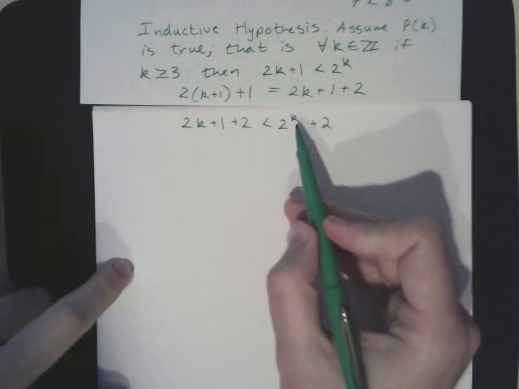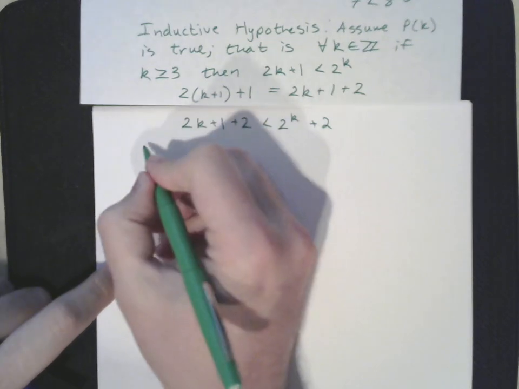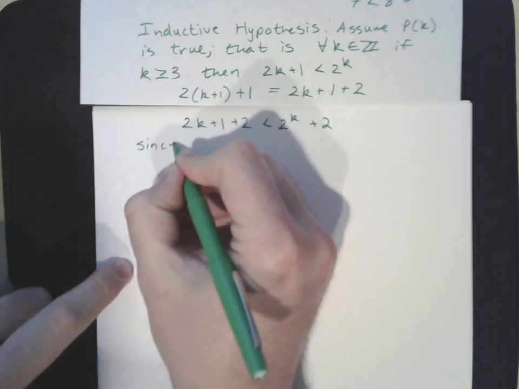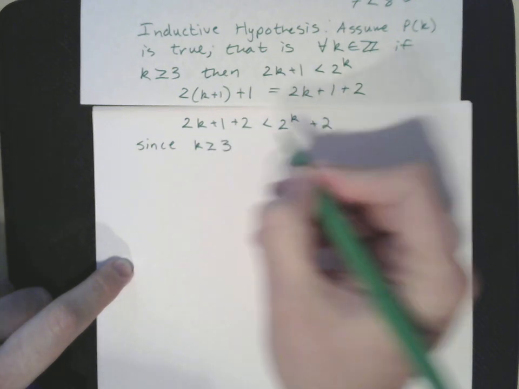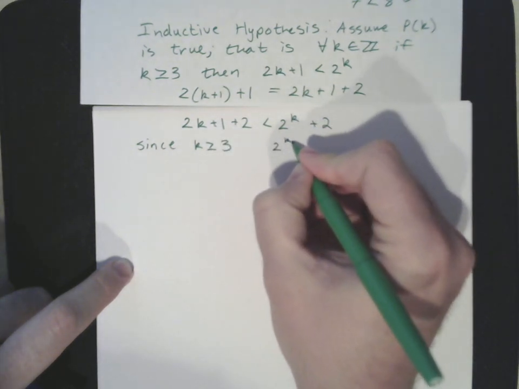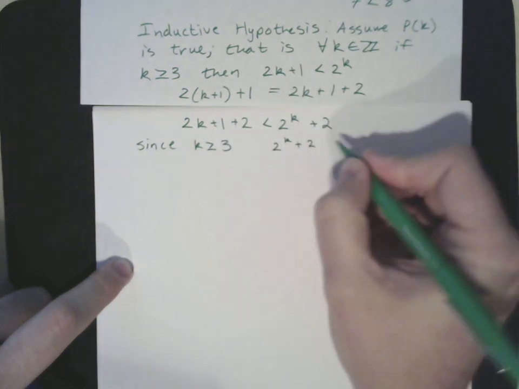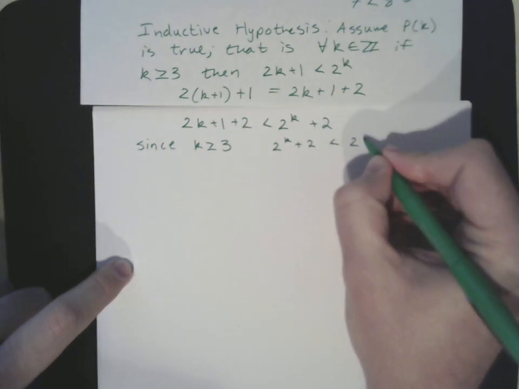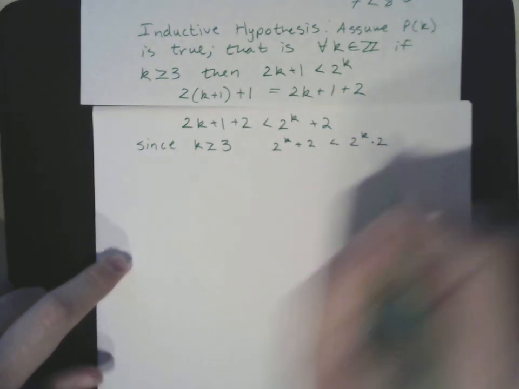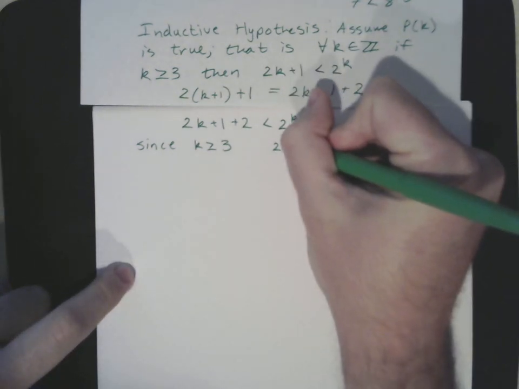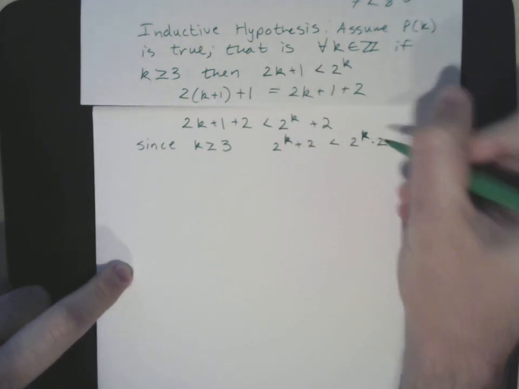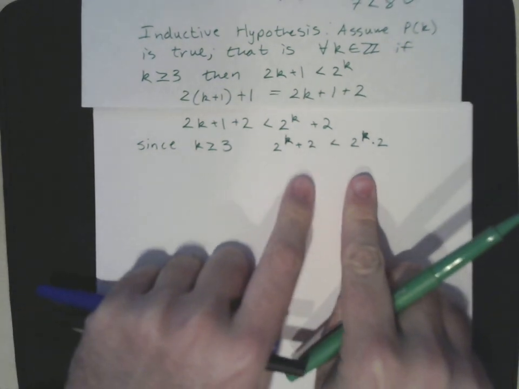And since k is strictly larger than 3, or it's at least 3, 2 to the k plus 2 is less than 2 to the k times 2. K's are getting small here, sorry. So we can kind of break this down.